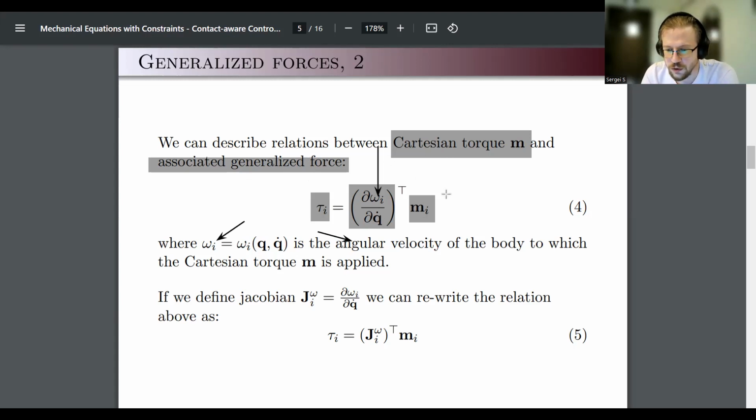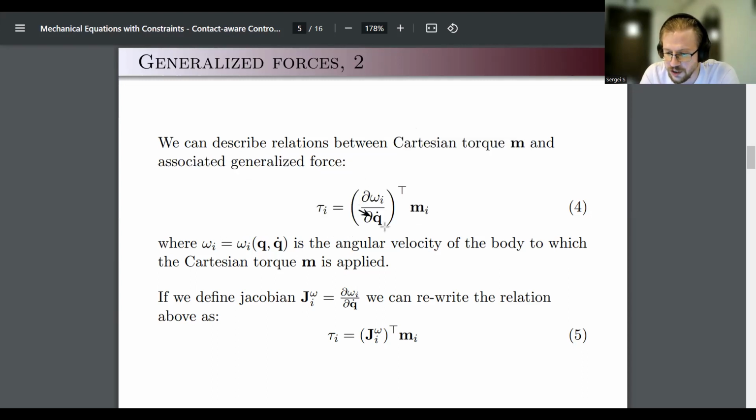Okay, so the relation is still like that. So now you have to find the partial derivative of angular velocity. And another big difference is that the partial derivative is now with respect to generalized velocities. Right? Before it was a partial derivative with respect to generalized coordinates.